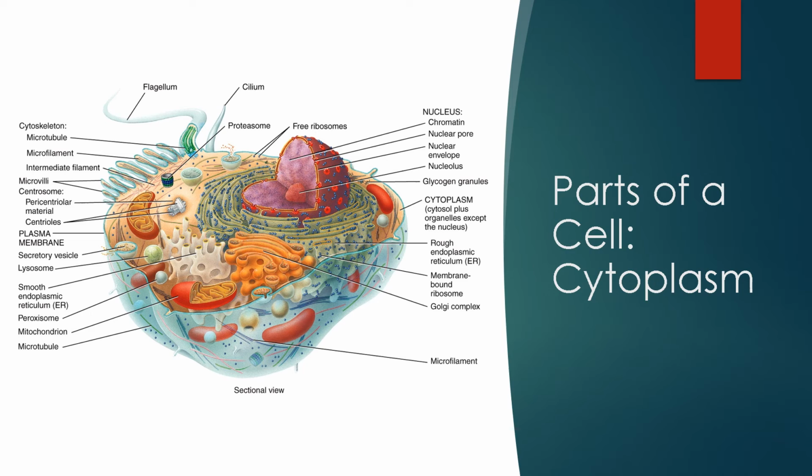So next we're going to talk about the cytoplasm. And the cytoplasm consists of all the cellular components between the plasma membrane and the nucleus. So it includes the cytosol and the organelles, which are the tiny structures that perform different functions in the cell, but it does not include the nucleus.